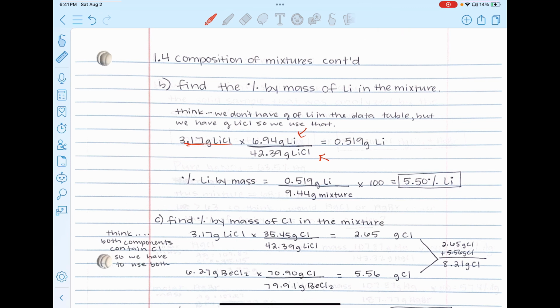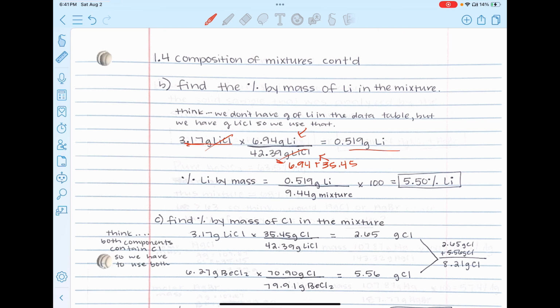So I calculated the molar mass of lithium chloride. That's where this 42.39 came from. That's 6.94 plus chlorine's 35.45 grams per mole, added together to get 42.39. So when I do that, I have converted lithium chloride to lithium, and I end up with 0.519 grams of lithium.